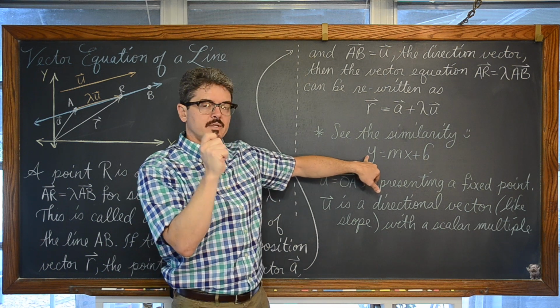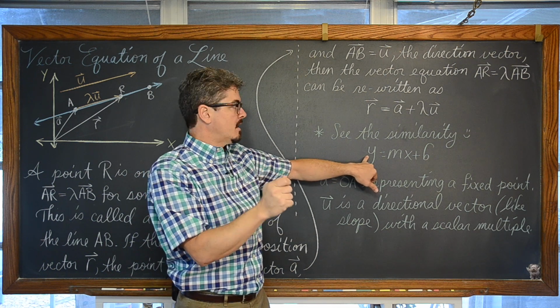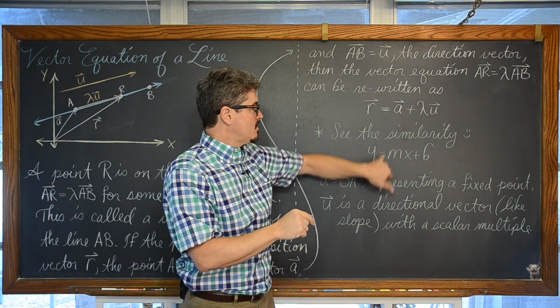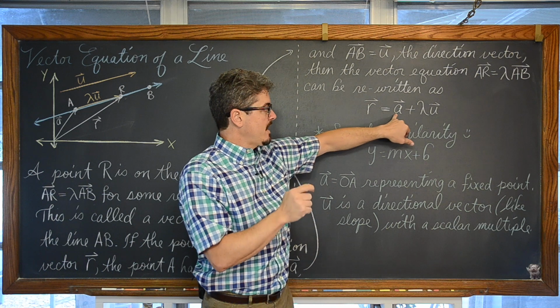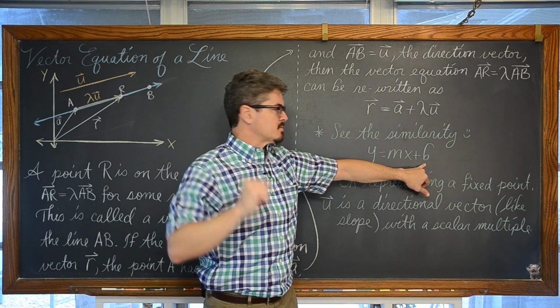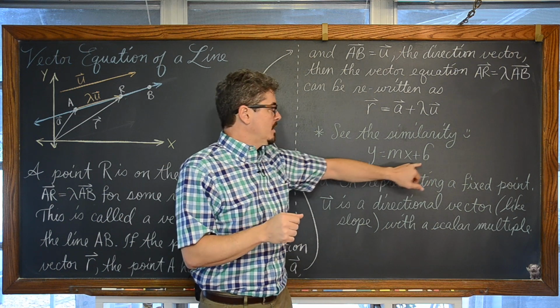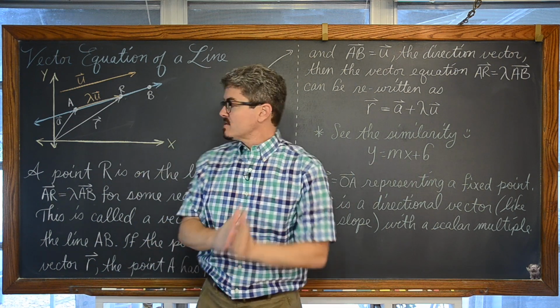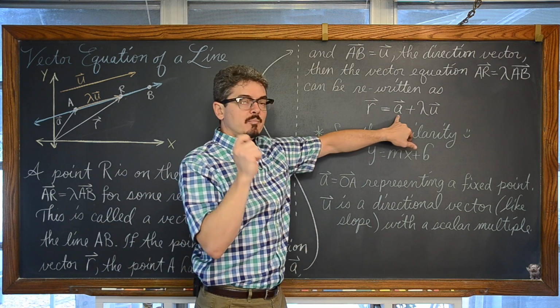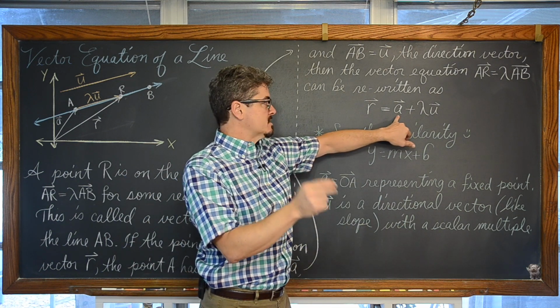Any point along a line in vector form is equal to vector A, and what we remember, y equals mx plus b, all the way back from algebra 1, is just some fixed point. Well, b in slope-intercept form had to be a y-intercept. Now we're a little bit more general, but it is still just some fixed point in space.